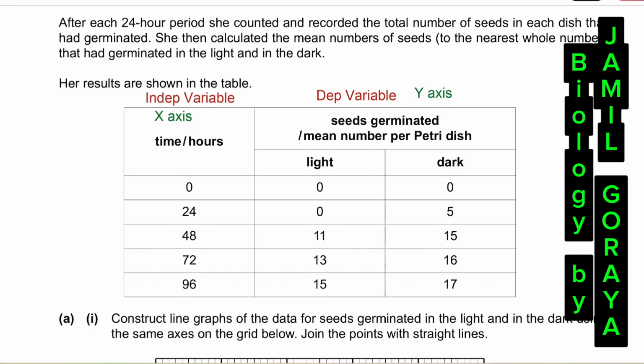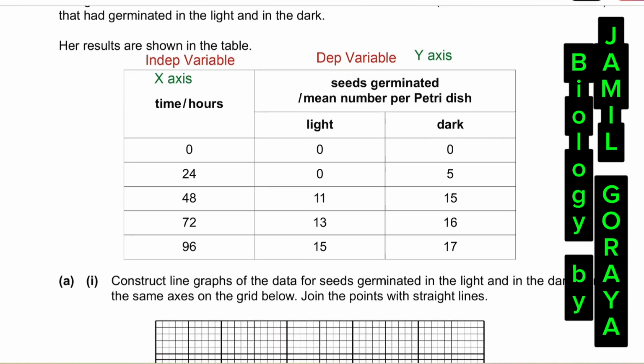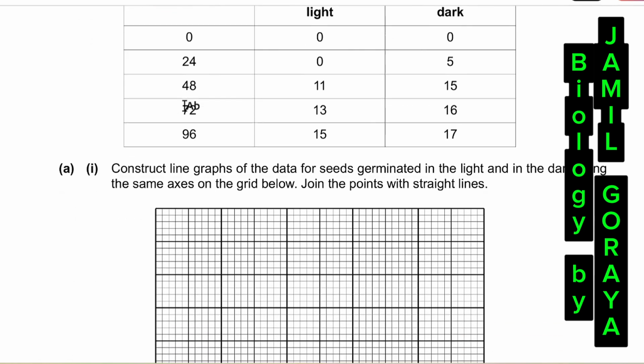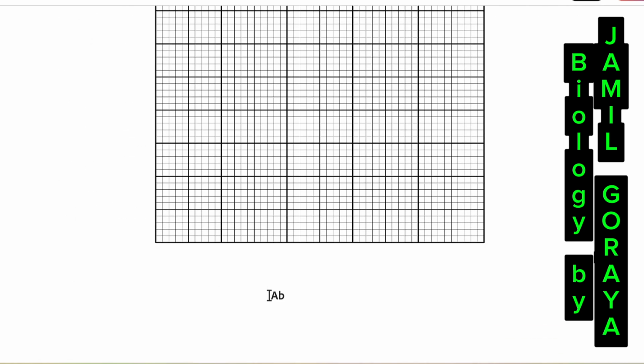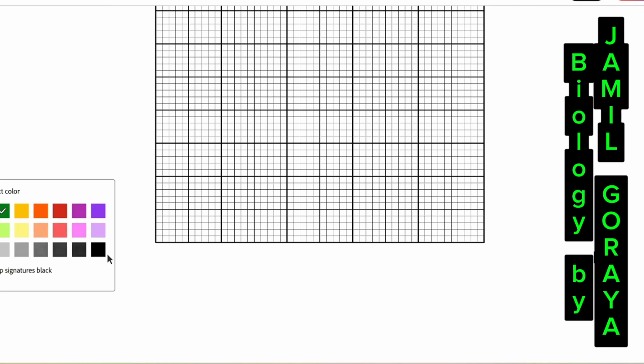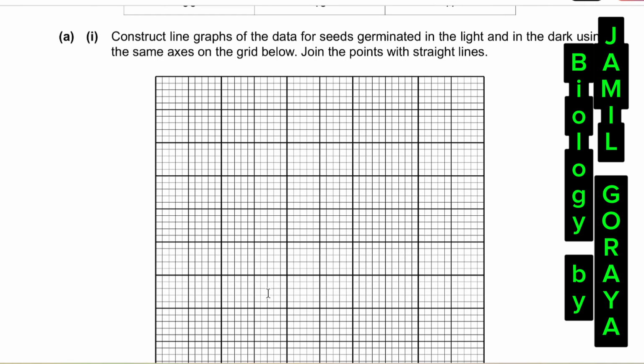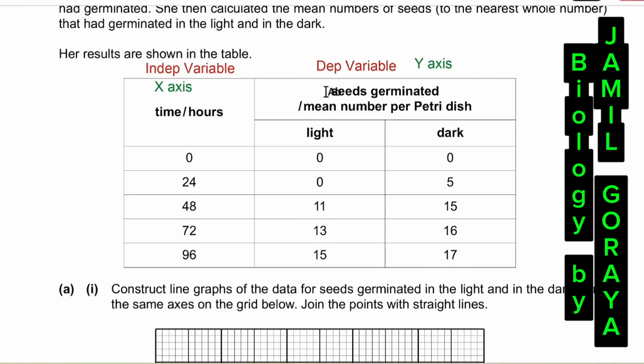Once we have selected the axis, next step is to get the first mark by labeling the axis. So as we see on x-axis, it must be time slash hours. So here we have to label time slash hours. And on y-axis, if we see seeds germinated slash mean number per petri dish, we will write the same.